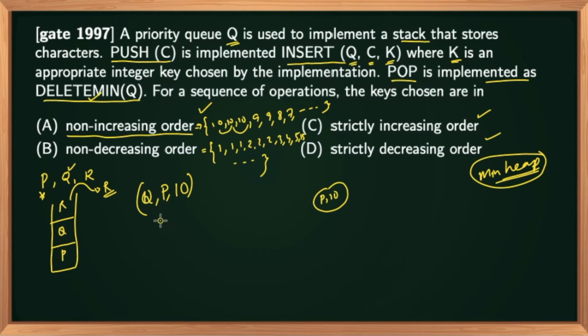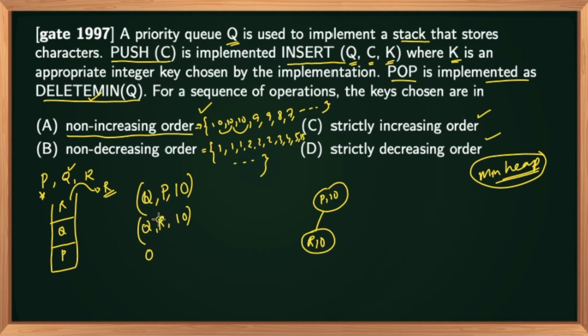Then let's assume you are inserting Q, and you can give the key again 10 because it is non-increasing order. This condition is satisfied. So you will have here Q and the key is again 10. So it's a min heap, so the child should have value less than or equal to the root. That is satisfied.